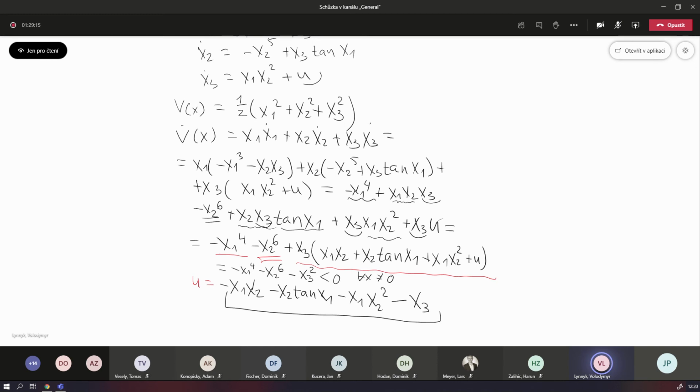This homework will be about stability, proving the stability via the second Lyapunov method. If no question, I think we can finish.